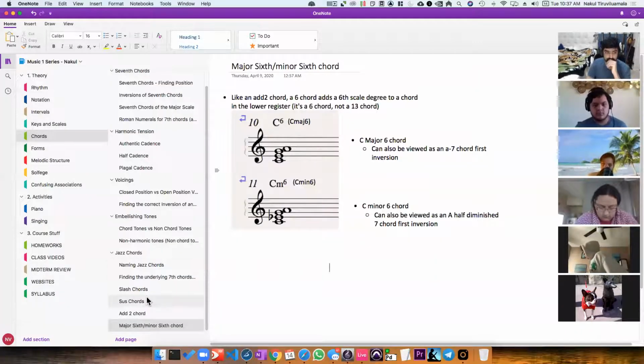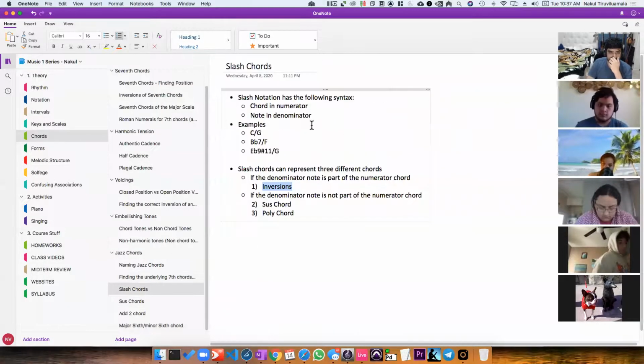So the slash notation has a chord in the numerator and a note in the denominator. So for example, C over G is a C major triad built with a G in the denominator. That basically means the note G needs to be the bottom note of the chord.